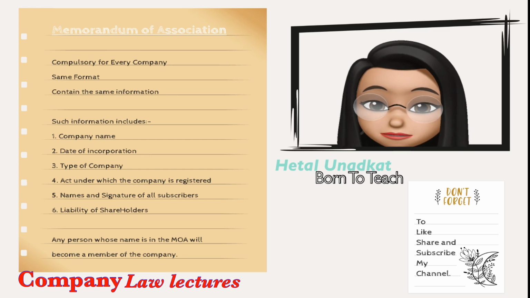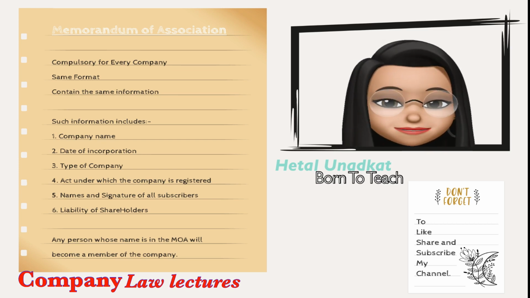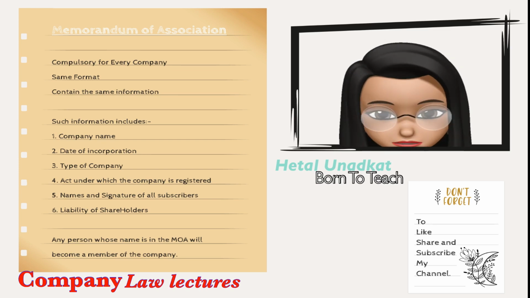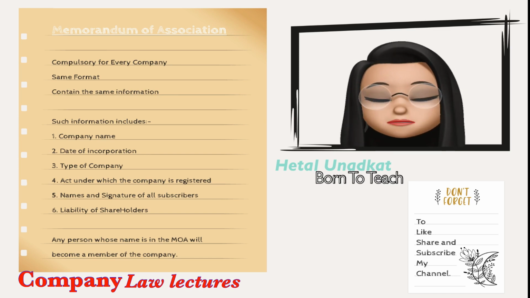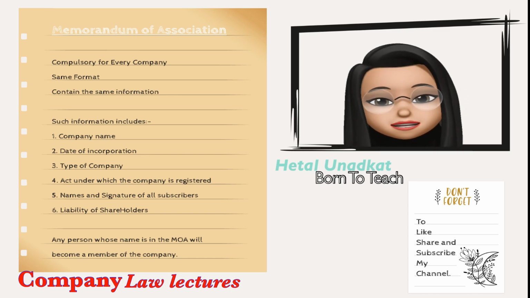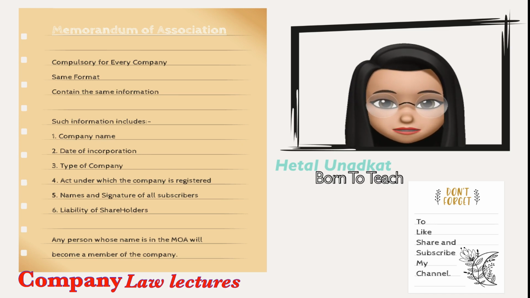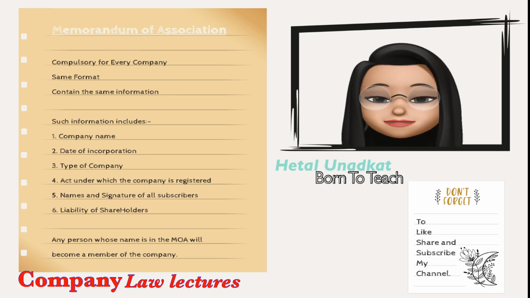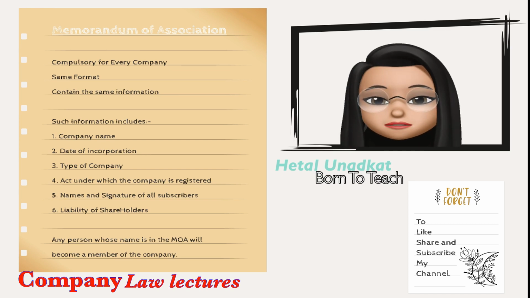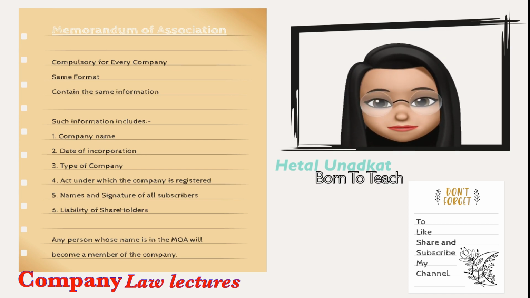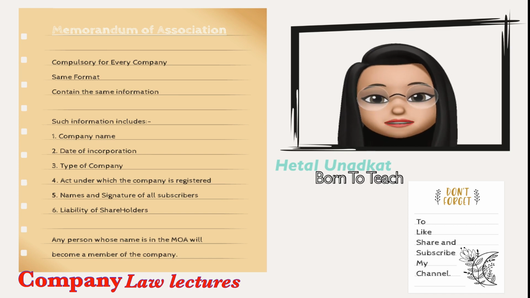Let's start with the MOA. MOA stands for Memorandum of Association. This document is compulsory for every company, same format, containing the same information. But there are certain titles. For example, the first title will be the company name.